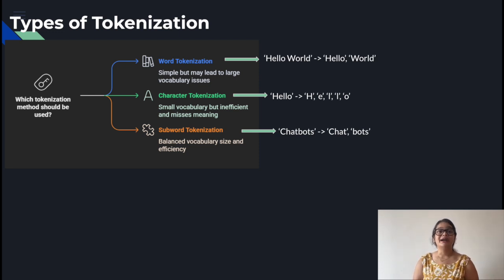That's why subword tokenization is the sweet spot. You break text into units that are bigger than characters but smaller than words. Chatbots now becomes chat, bots. Unhappy becomes un, happy. This approach handles unknown words, it's efficient, and it preserves the meaning. This is what modern LLMs like GPT and Claude use.